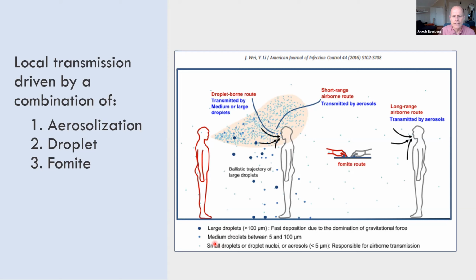And so the size of the particle that's released becomes important with respect to the mode of transmission. So when someone sneezes, coughs, sings, or even talks, they release particles of different sizes. And some of the large particles depicted here fall to surfaces very quickly.